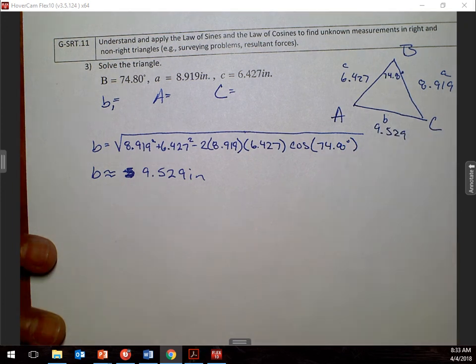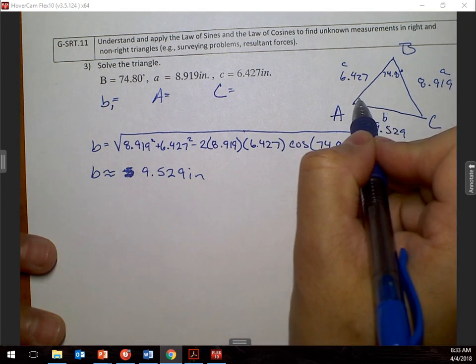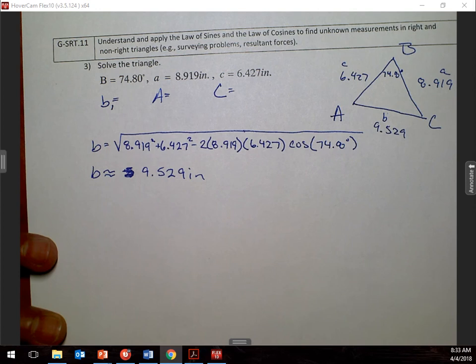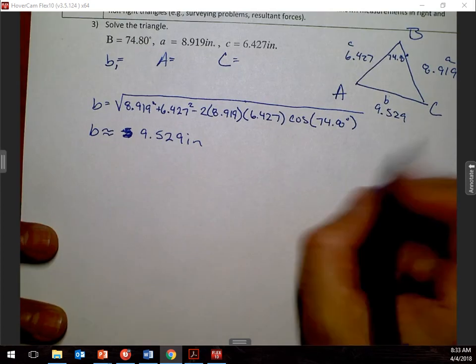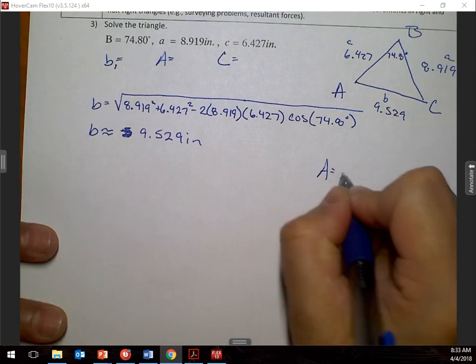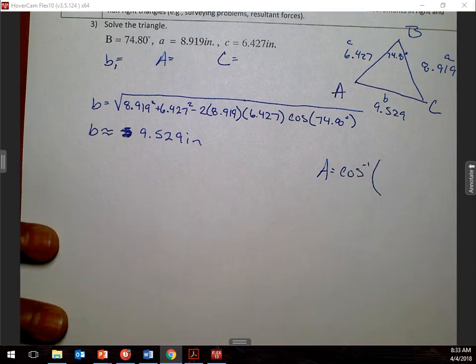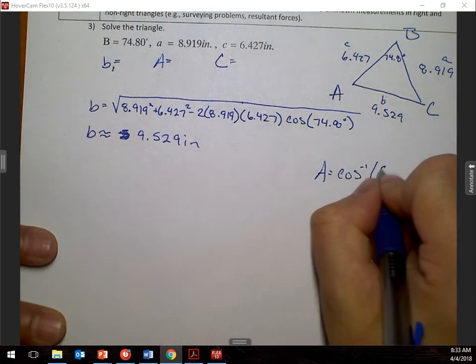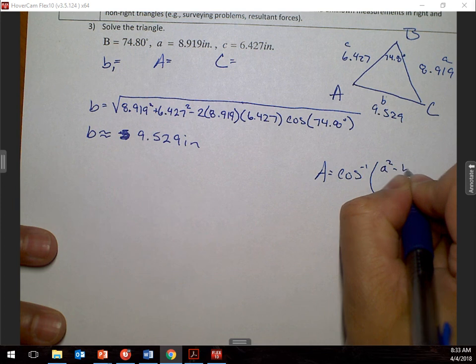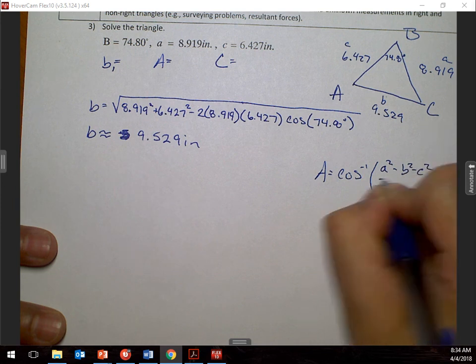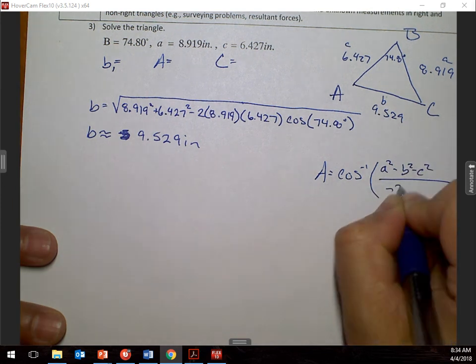So B is 9.529. If I'm going to solve for A here, from the formulas that I gave you guys in the notes, A would be equal to inverse cosine of, what's the formula for this? A squared minus B squared minus C squared, all over 2BC.